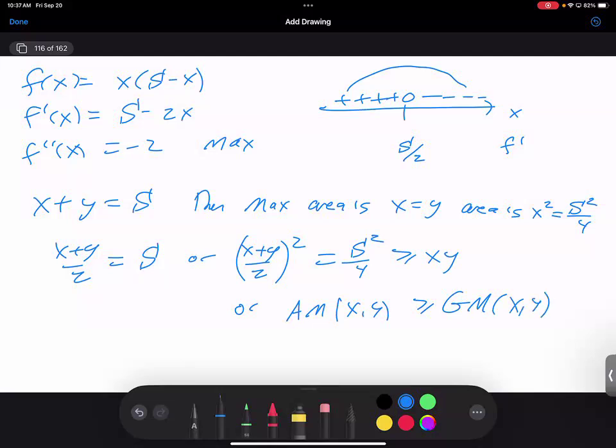So I'll let you put in all the details for this, but we just showed that the maximum is going to happen when x and y are equal.